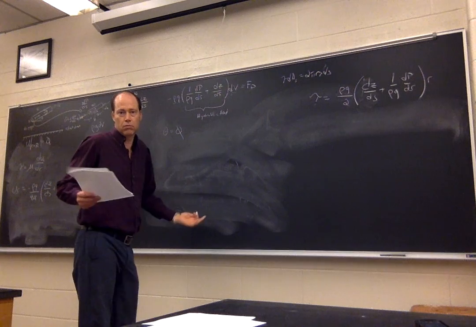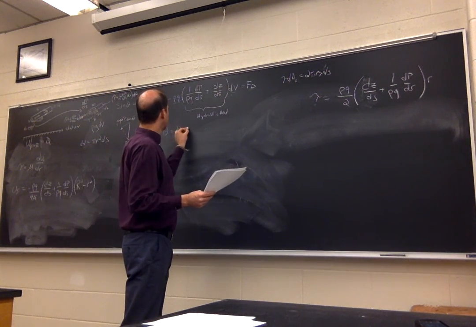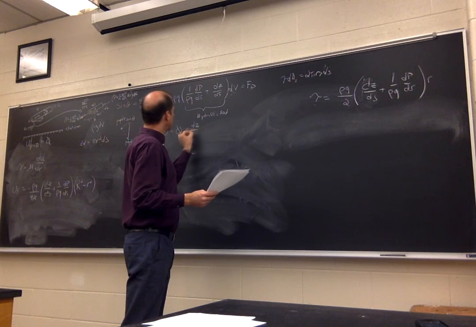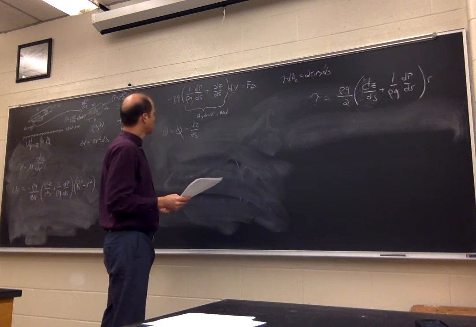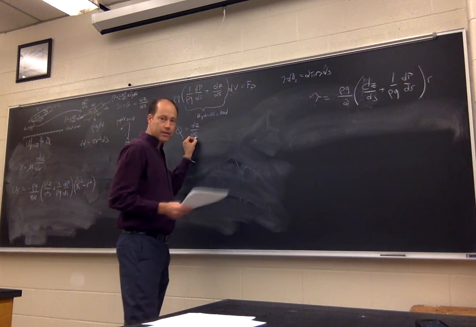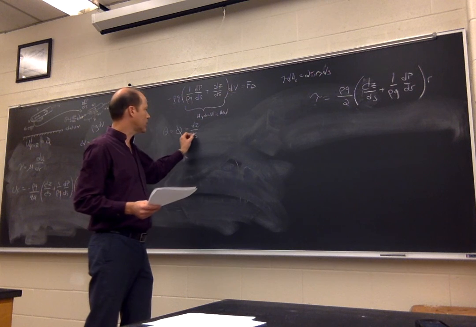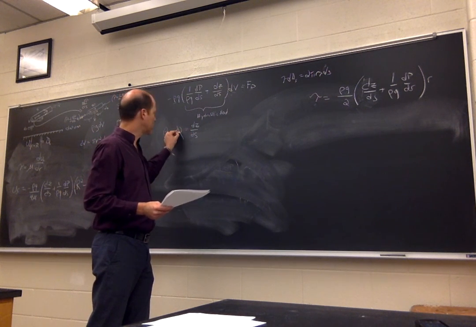So in a system where the pipe is horizontal, here are the following conditions. Theta equals 0. There is no change in elevation, which means that dz ds is equal to 0. It's not that ds is equal to 0, it's that dz over ds is equal to 0.